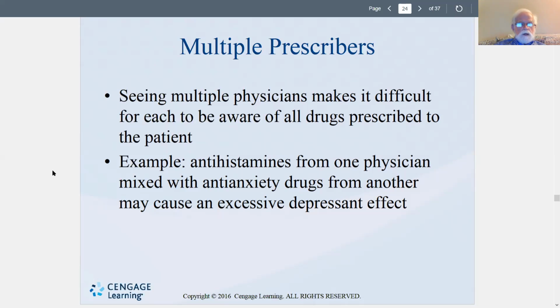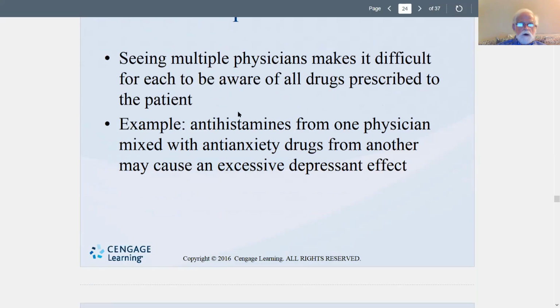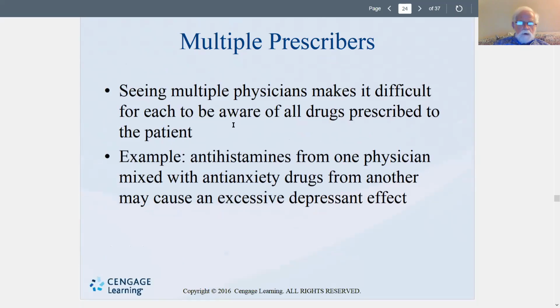There are lots of examples of this. The one they're giving us here is that a mix of anti-anxiety drugs and antihistamines might cause an excessive effect of depression. So multiple physicians are doing that.